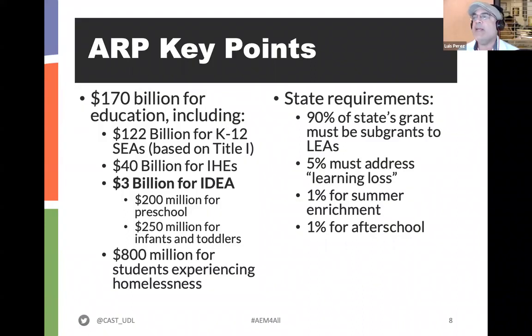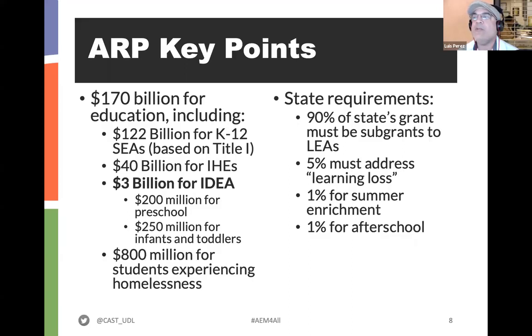And out of that, 200 million for preschool programs and 250 million for infant and toddler programs. And then one of the provisions addresses the needs of students who are experiencing homelessness. So there's 800 million that has been set aside for that. So that's kind of the big picture with the different buckets that are included in this American Rescue Plan.